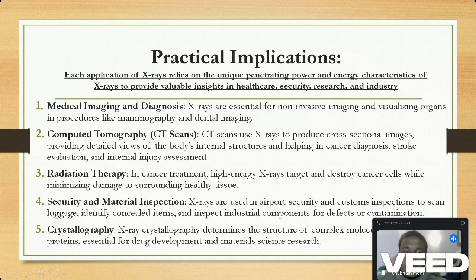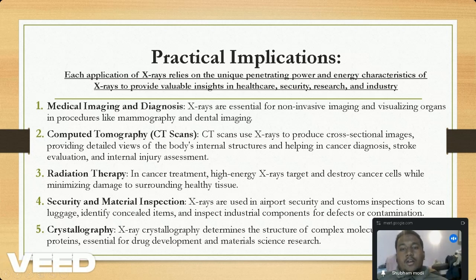And for the practical implications of X-rays, each application relies on the unique penetrating power, which means how much energy it can release, and energy characteristics of X-rays to provide invaluable insights in healthcare, security, research, and industry.